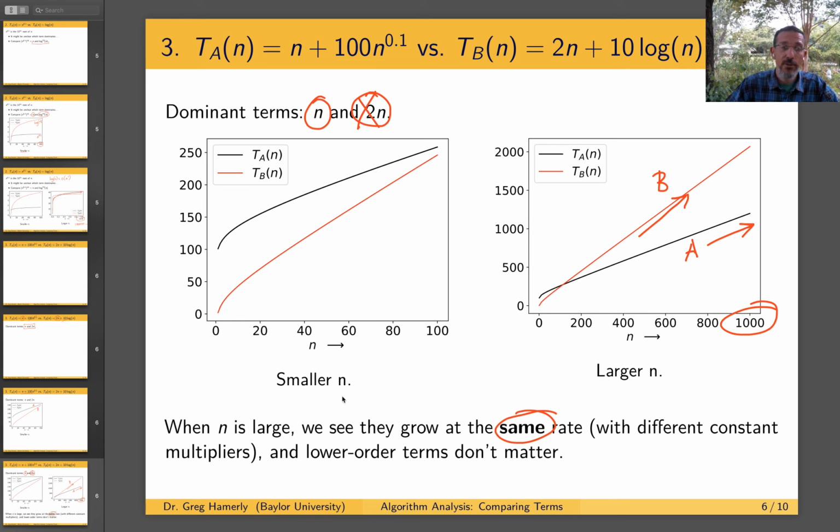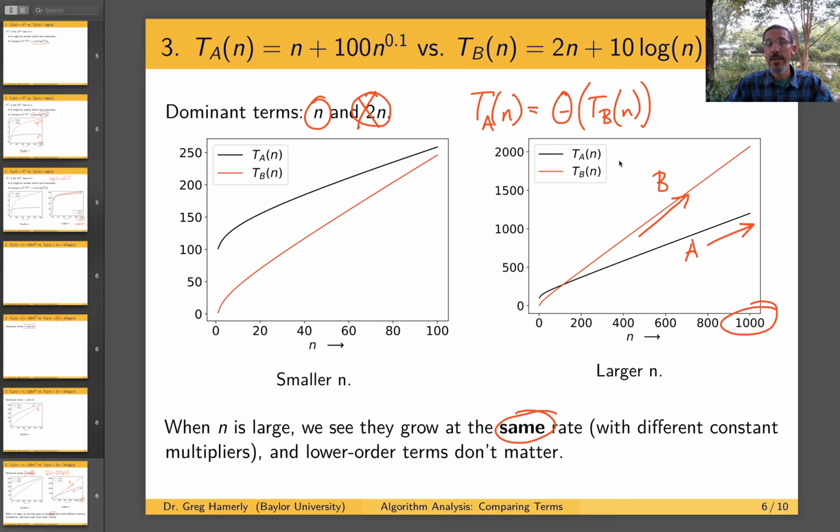So in actuality, we could say that t sub a of n is equal to big theta of t sub b of n. They grow at the same rate. Even though b is growing twice as fast for large values of n, we ignore that constant coefficient. So again, this is kind of a trick question.